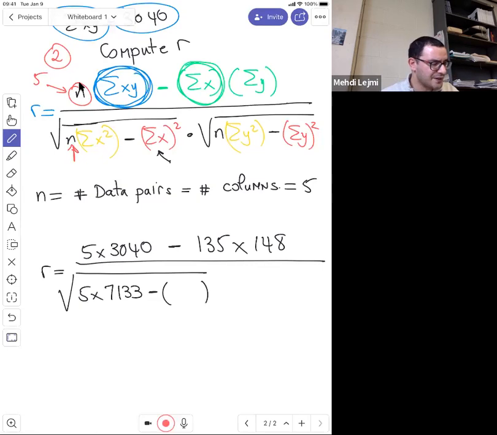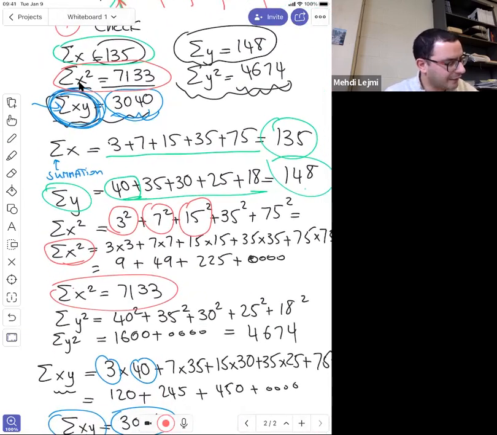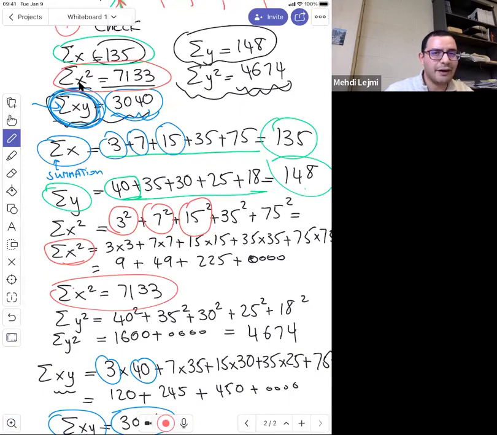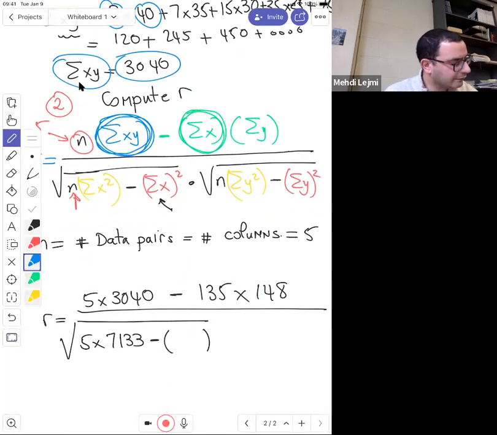Inside my parentheses, I have the sum of the x's, that's the first value of x plus the second value of x plus the third value of x, etc. And that will be 135, this number right here. So inside my parentheses, I have 135. But then outside the parentheses, there is a square.